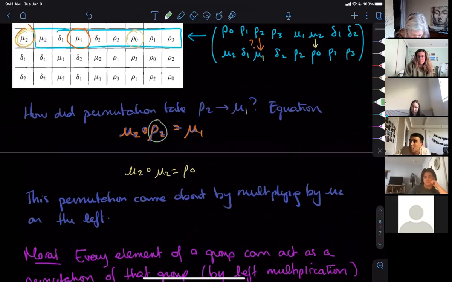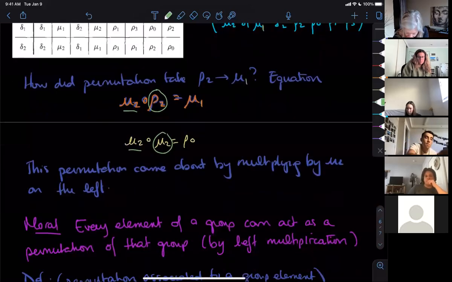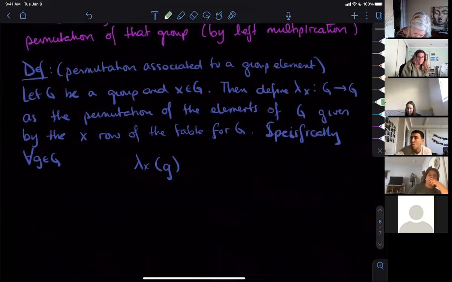To find out, I multiply on the left by mu2. Where does mu2 go? To find out, I multiply on the left by mu2. Where does G go? To find out, I multiply on the left by G. That's the definition.